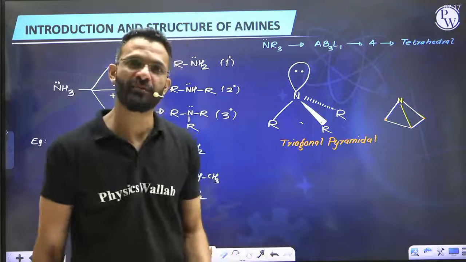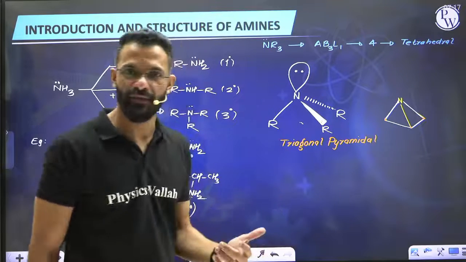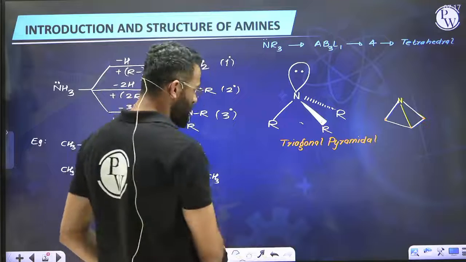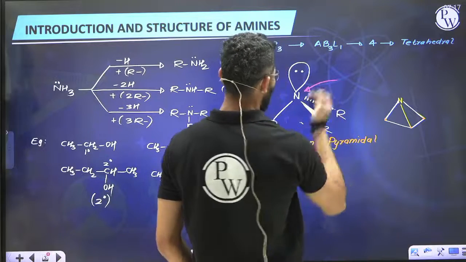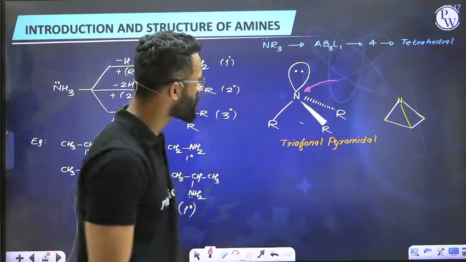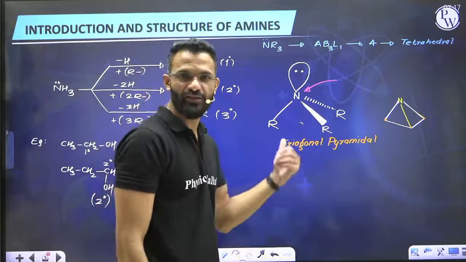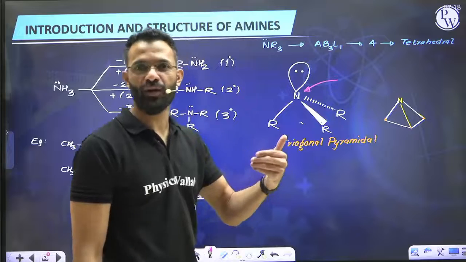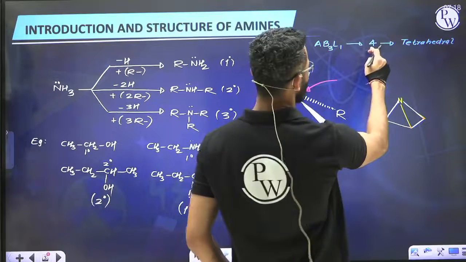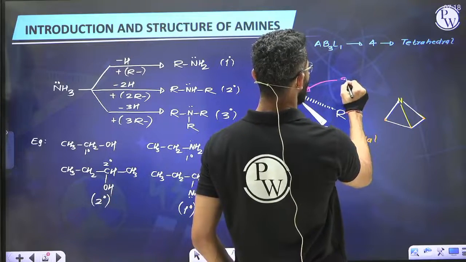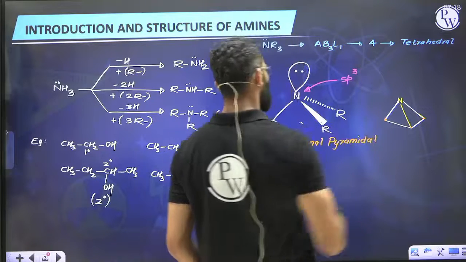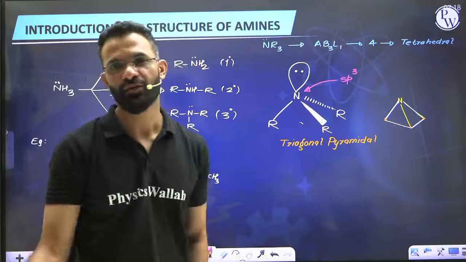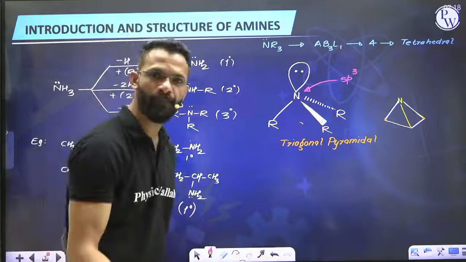So we say all amines have a trigonal pyramidal shape. Further, if we talk about the hybridized state of the nitrogen atom, assuming this lone pair is not in conjugation with any alkyl group, this nitrogen has 3 bond pairs plus 1 lone pair. The steric number is 4, meaning its hybridized state is sp3.